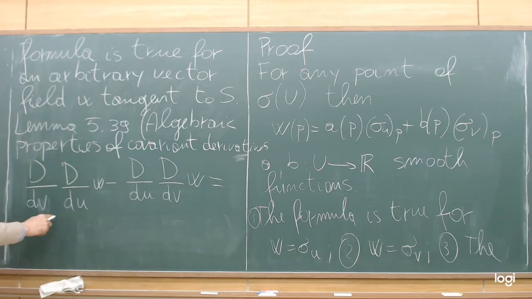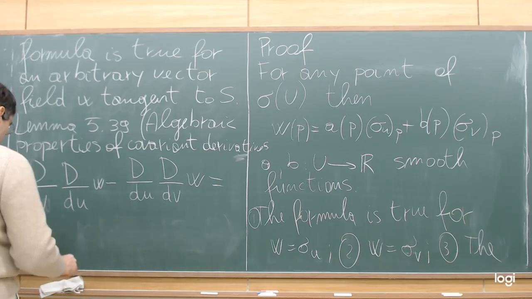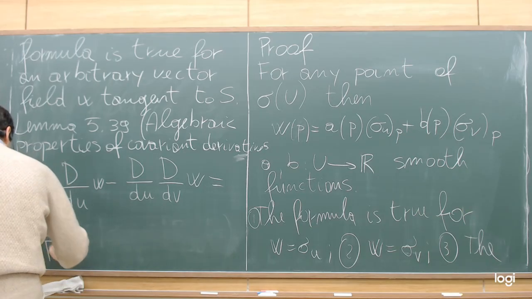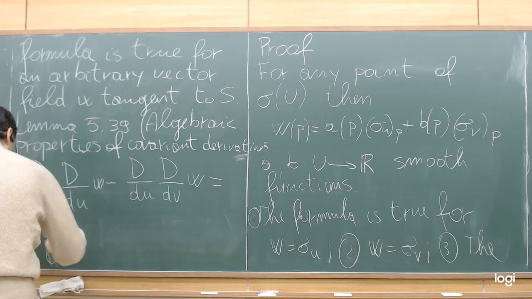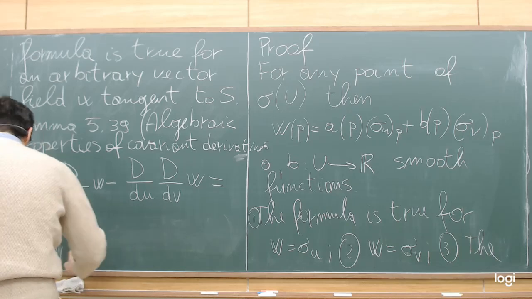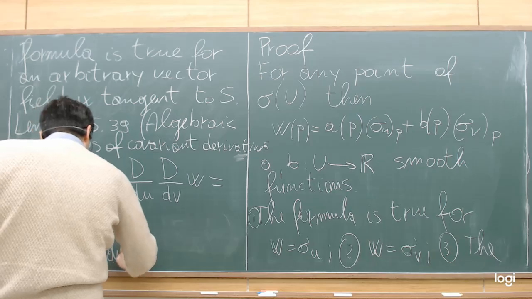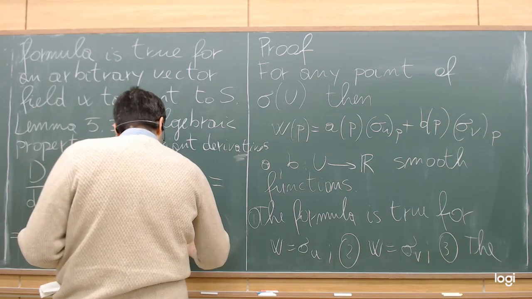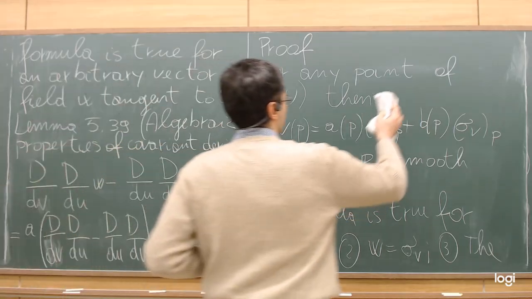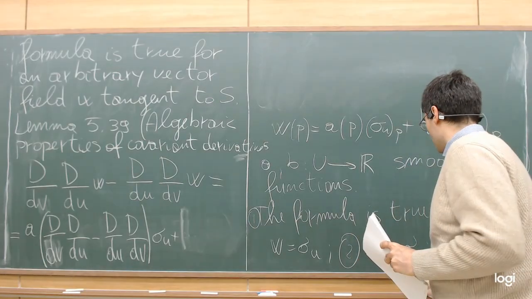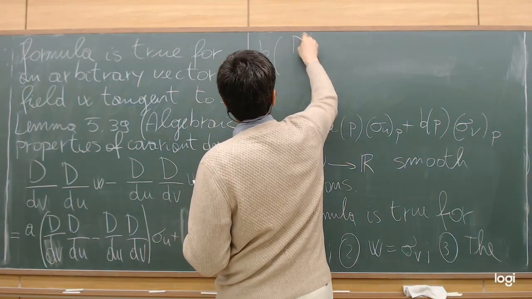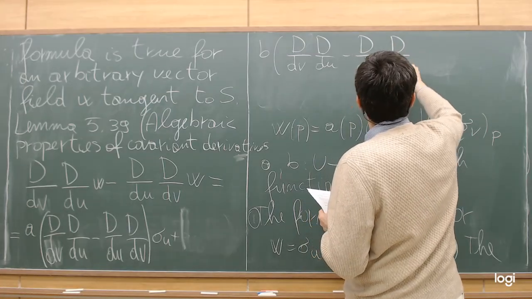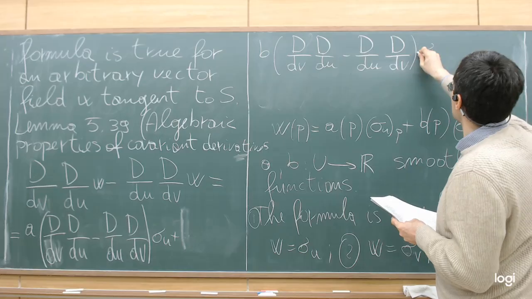that the left-hand side of the formula we want to prove is equal to A times this operator applied to sigma u, plus b times this operator applied to sigma v.